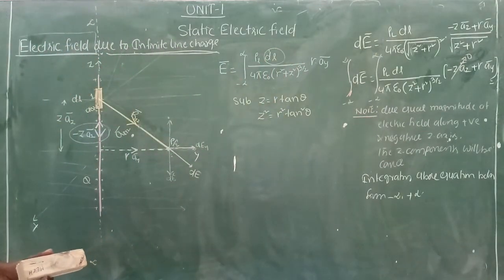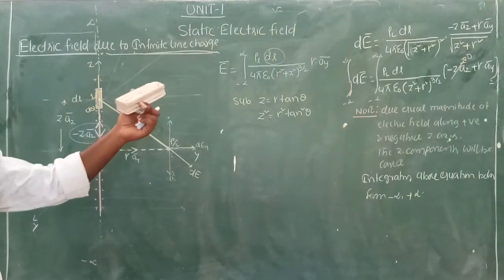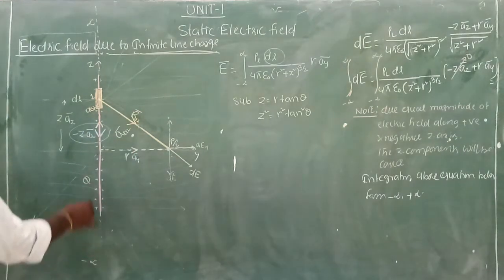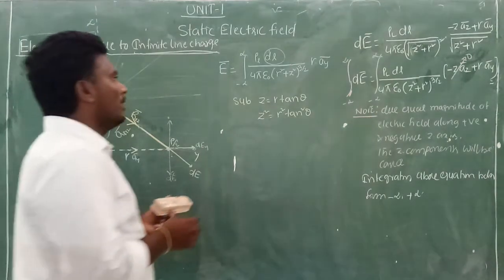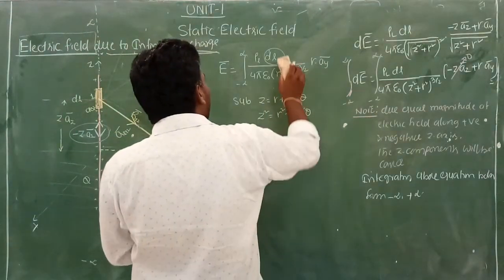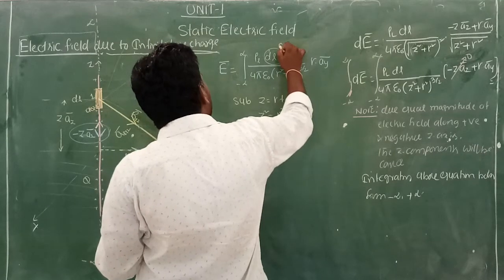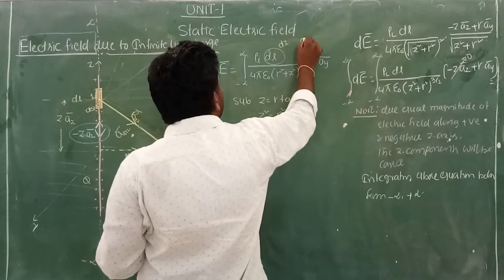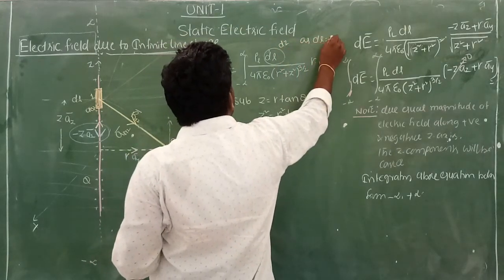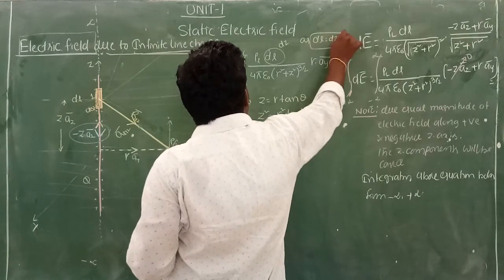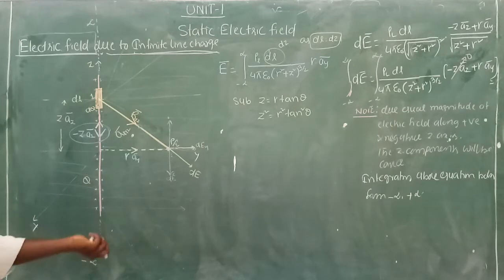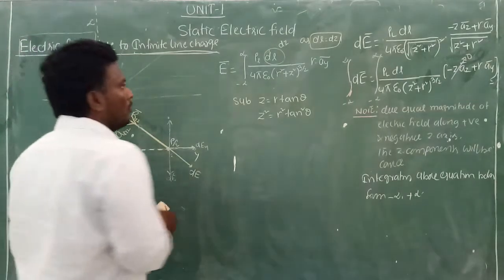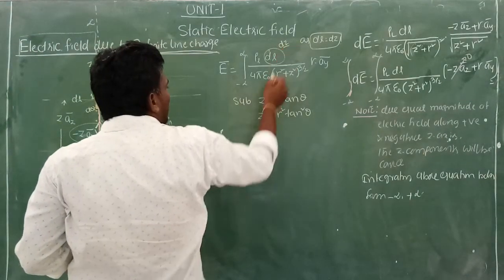So how can we replace the dl? My differential length is on which axis? Z axis. That's the reason why I am replacing this dl with dz, as dl is equal to dz. Why? Because this differential length is on the z axis. Okay. So now, here there is a dz, but here z.